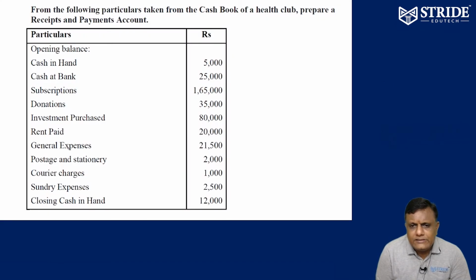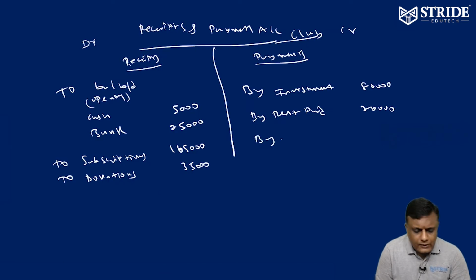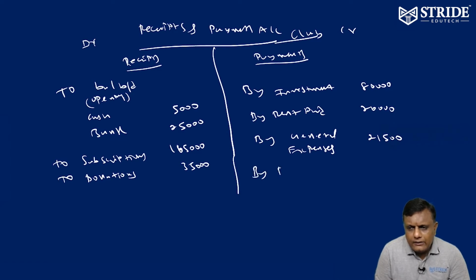By general expenses paid, how much? 21,500. By postage and stationery, how much? Postage and stationery is 2,000.